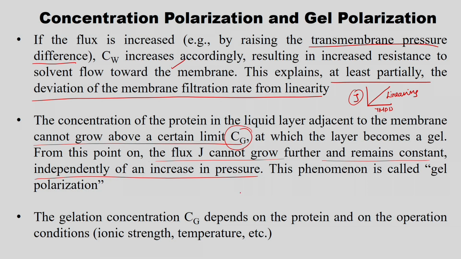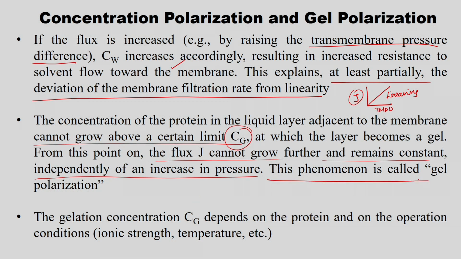Right. So, what we said is, when we increase the transmembrane pressure difference, the J also increases linearly with TMPD, but there is a point where the concentration of protein near the membrane surface reaches Cg. However much I increase my transmembrane pressure, my J, the permeate flux, will not increase.